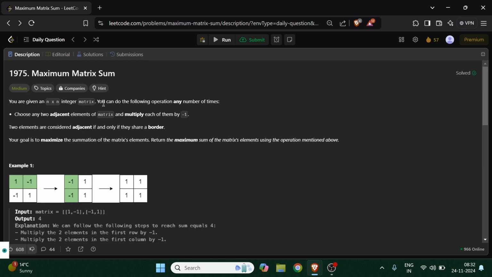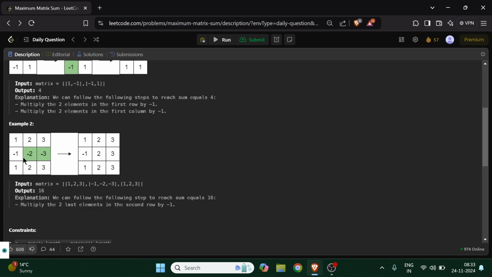They said we can do this operation any number of times, right? If the count of negative integers is odd, we can convert all the negatives to positive except one, because two negatives can form a positive. So we will make these two negatives positive, and this will remain negative only. Then we can add all of them and this would be subtracted.